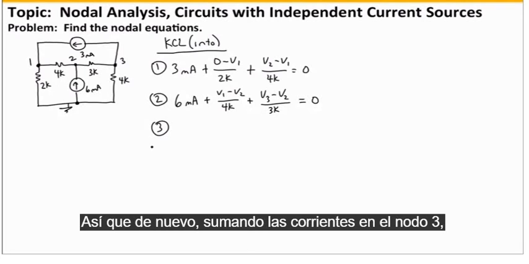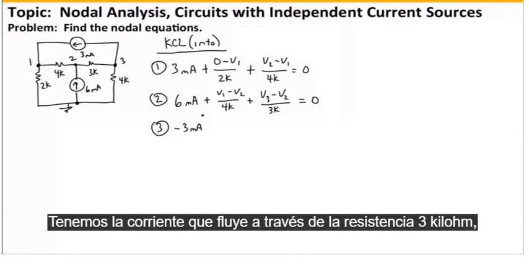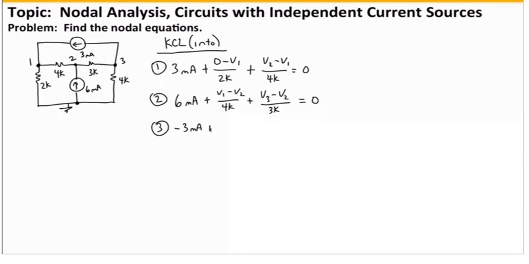So again, summing currents into node 3, we have minus 3 milliamps from the current source at the top of the circuit. We have the current flowing through the 3 kilo ohm resistor, V2 minus V3 divided by 3K.